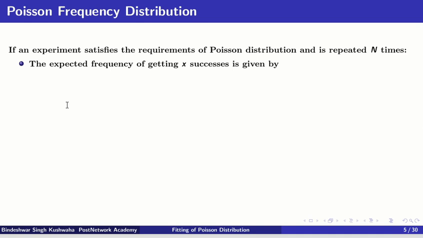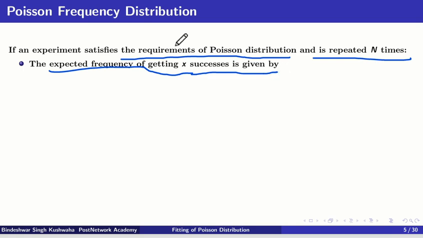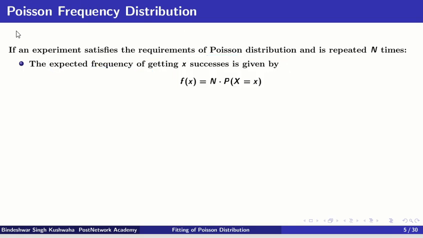So let us understand the Poisson frequency distribution. If an experiment satisfies the requirements of the Poisson distribution and it is repeated N times, the expected frequency of getting x successes is N into P(x), where small x is an event, so N times you will multiply.